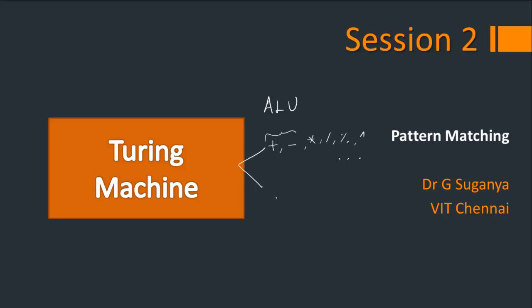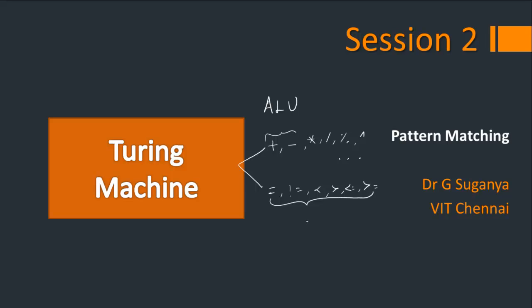Now coming to logical operations: logical means you are going to check the relation between two things. So what are the relations you can check? There are only six relations: equality, inequality, greater than, less than, less than or equal to, greater than or equal to. These relational operations can be combined using logical operations also.